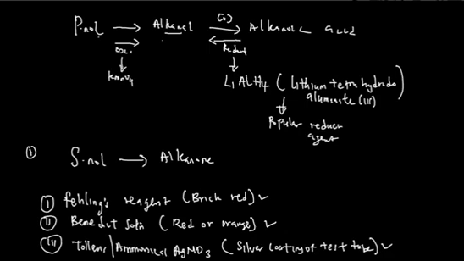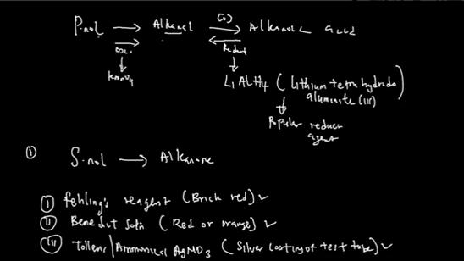Okay, very good. So have you seen how to differentiate between an alkanal and alkanone? Alkanals will react with Tollens' reagent, Benedict solution and Fehling's reagent, but alkanones will not react with them. Are you getting my points now?